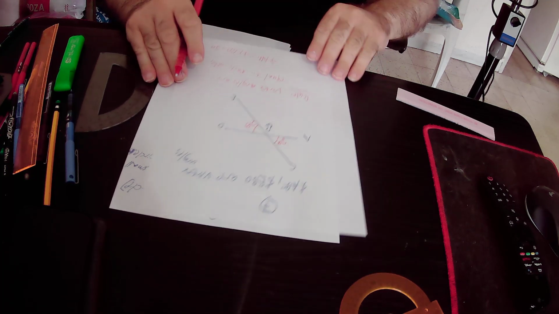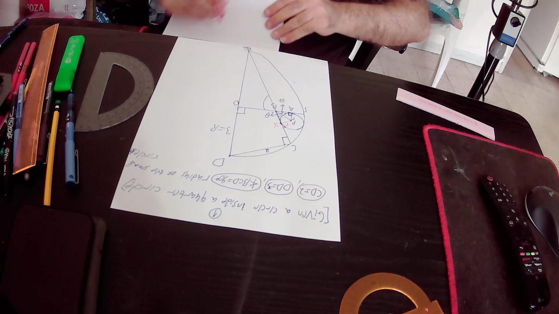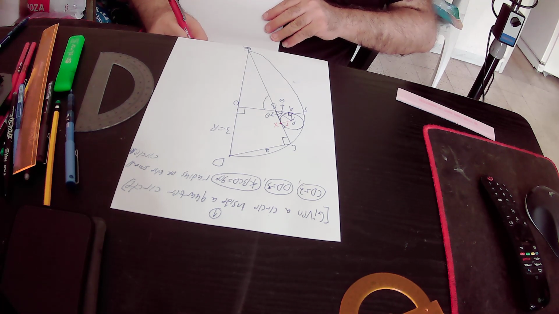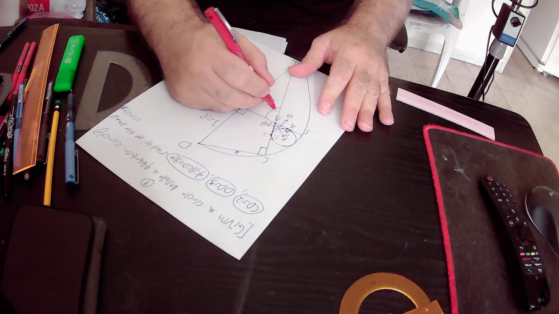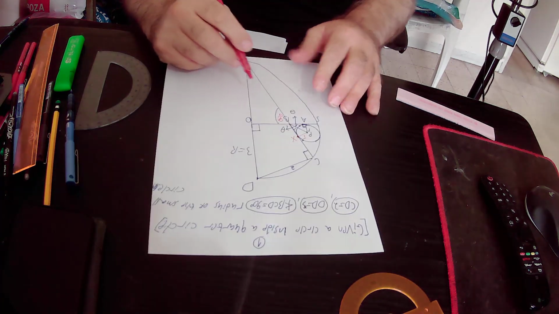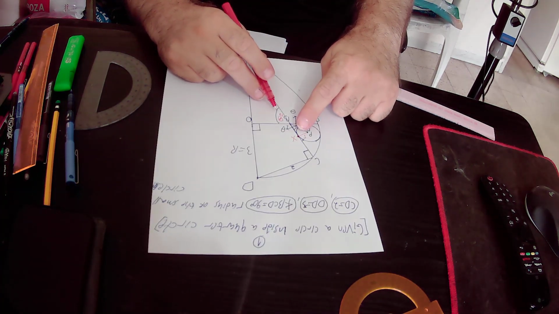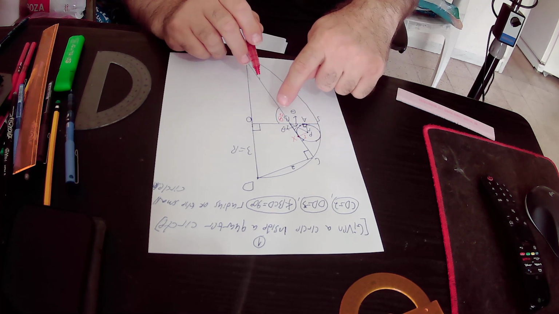In the drawing, we can write that this angle equals 2 theta, because those two vertex angles are equal to each other, and angle ABC equals 2 theta, so this angle also equals 2 theta.